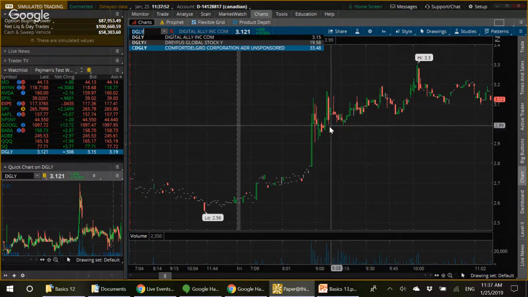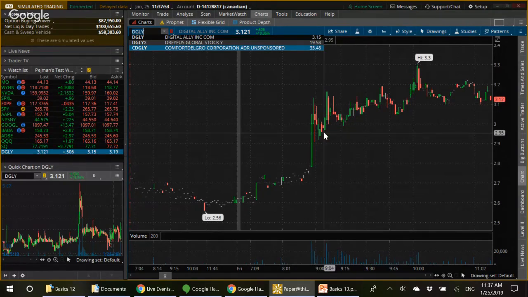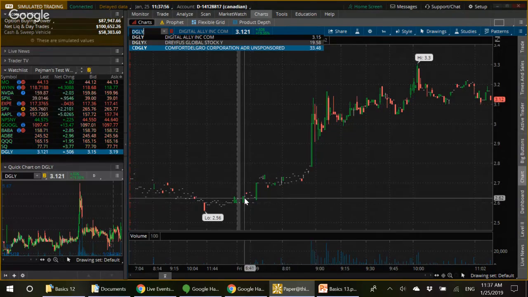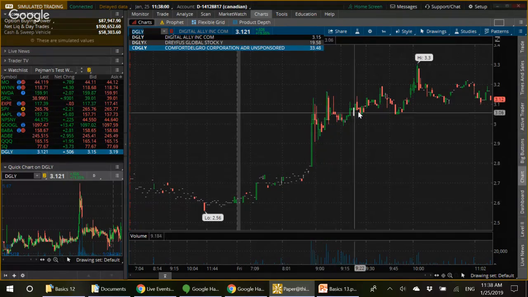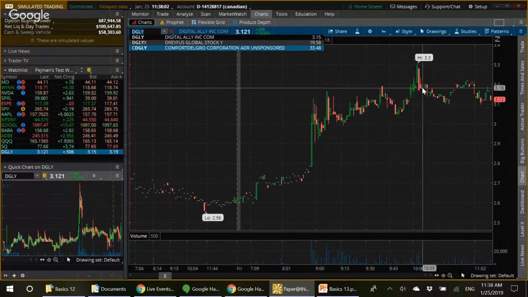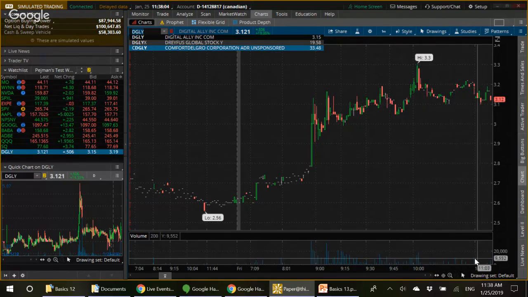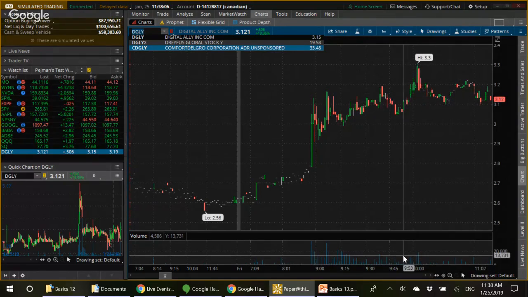However, just for your information, the massive volume, the massive trades, have already been done for this stock. The volume is going down, which means traders have already taken action, taken profit, or taken loss if they lost, and they're done with it. They left this stock.